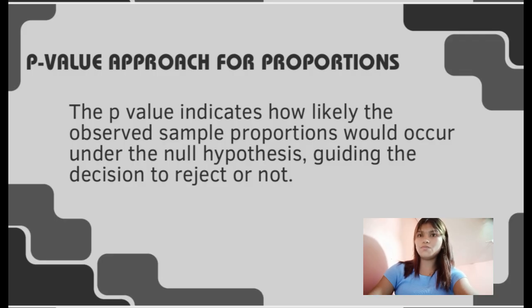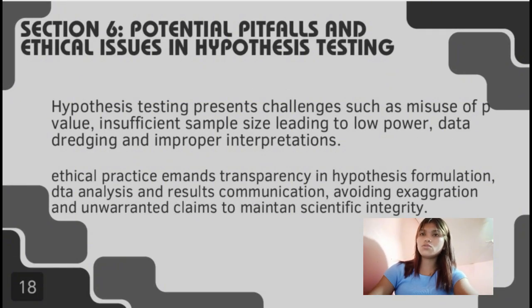So section 6, which is potential pitfalls and ethical issues in hypothesis testing. Hypothesis testing can be misused in various ways, such as misinterpreting p-values, using too small a sample size, which reduces the test power, or engaging in data dredging, which is searching for patterns without a clear hypothesis.